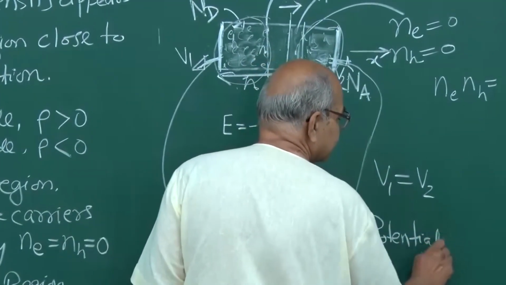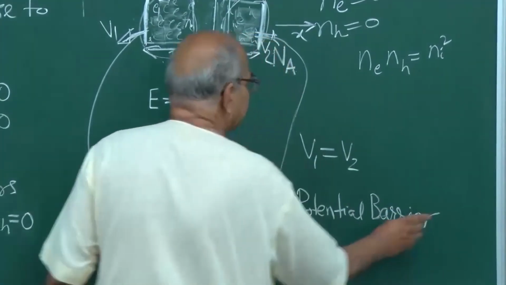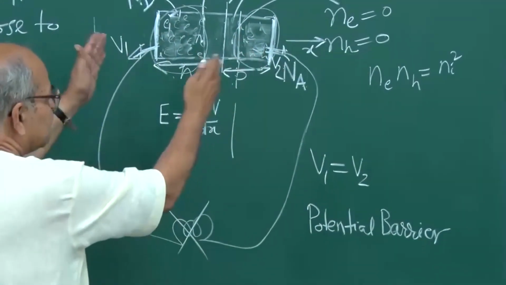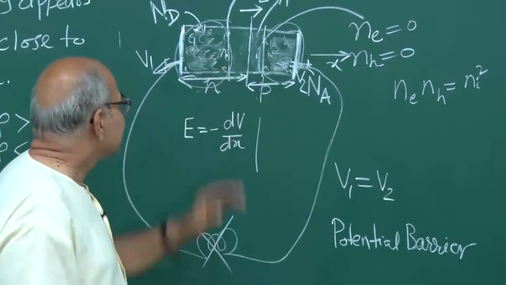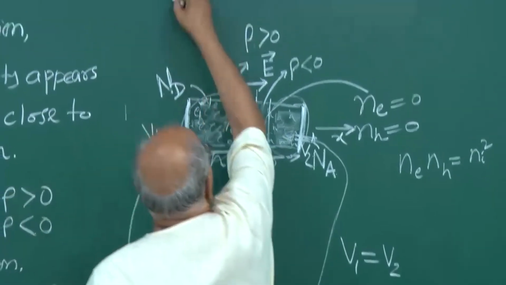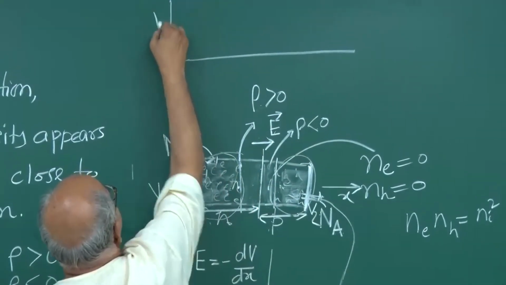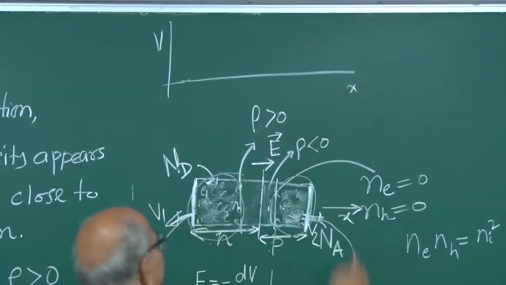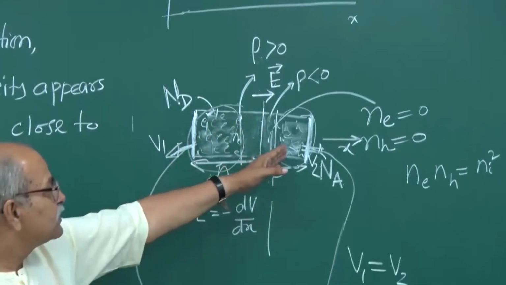Why potential barrier? If you remove the metallic contact, we are still in the semiconductor, and if I plot the potential as a function of x, how will it look? This potential is higher and this potential is lower.